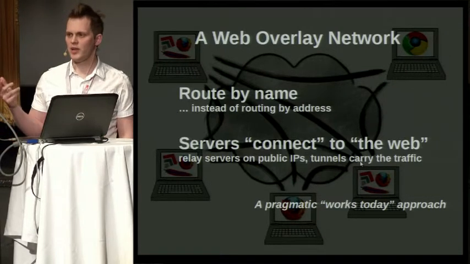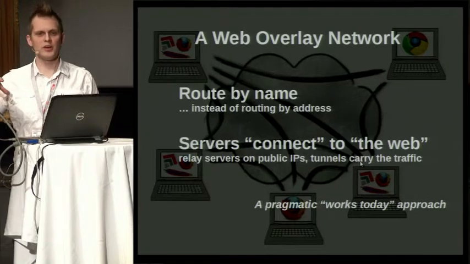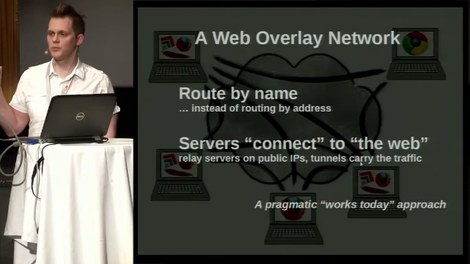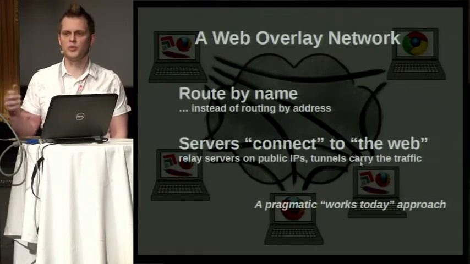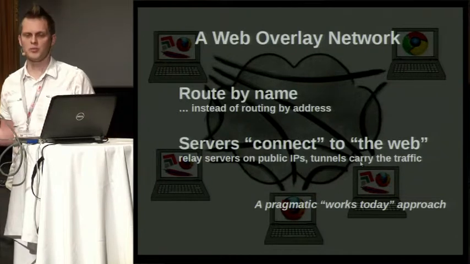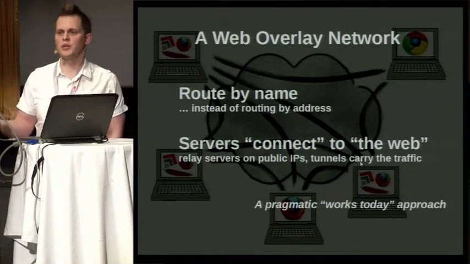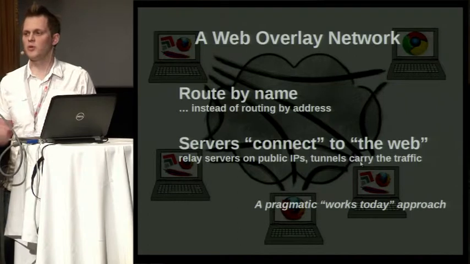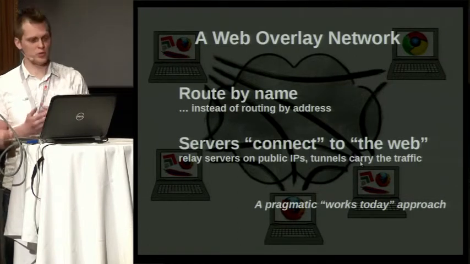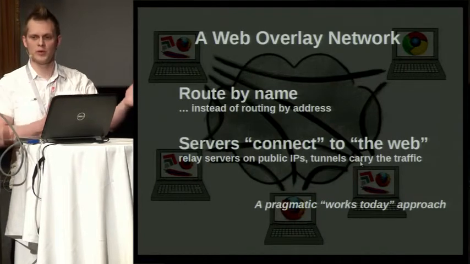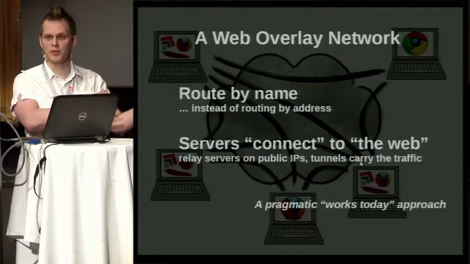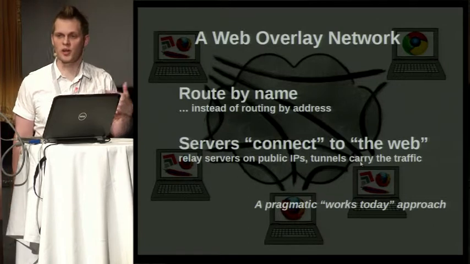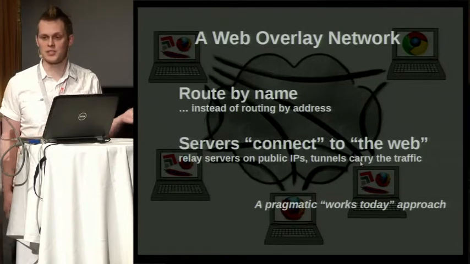On the web, the fundamental address is a domain name. It's not an IP address. We use DNS to resolve domain names to IP addresses. But if you look at the fact that the names are what matters, you can start thinking about the web as an overlay network, where you say, I would like to connect to this name. The network somehow makes that happen, and you have a conversation in HTTP or HTTPS.